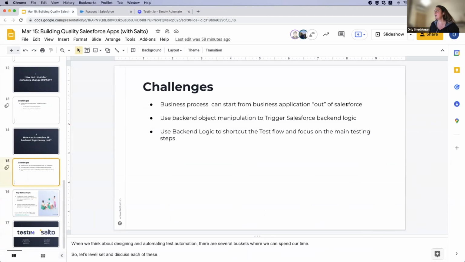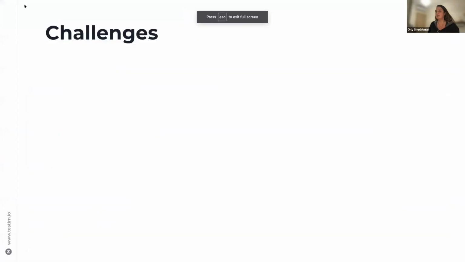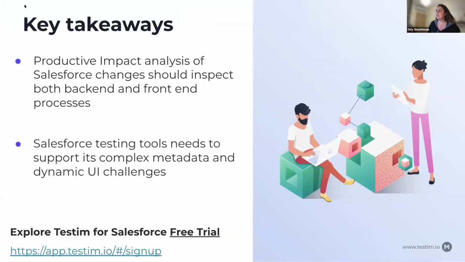And saying that, I think we can wrap and say that there are two things that are very important in the sense of this webinar. We need to look at the concept of impact analysis and what a productive impact analysis is.